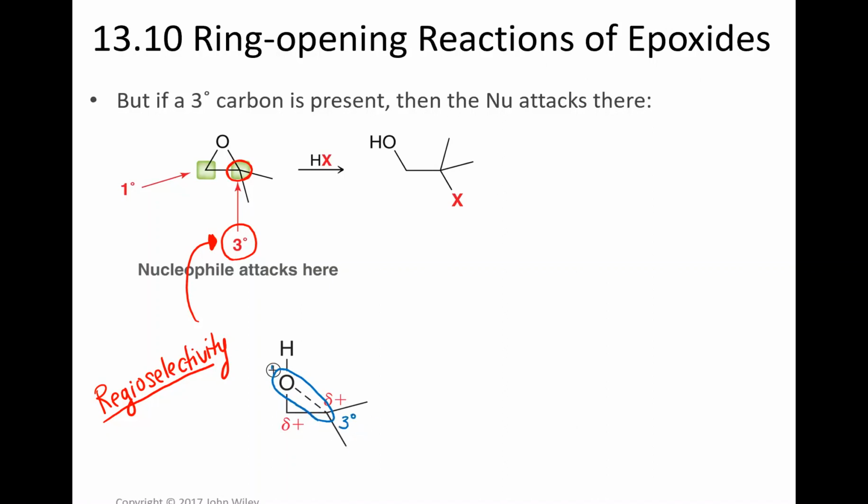That's because the oxygen now has this positive charge, and oxygens don't like to have a positive charge. So if it can weaken this bond, then instead of having a full positive charge, it's essentially sharing the positive charge between the carbon and the oxygen.